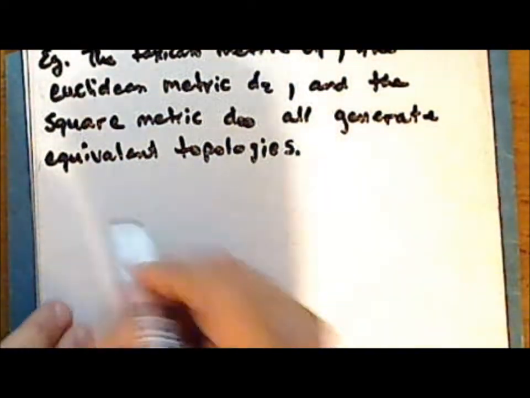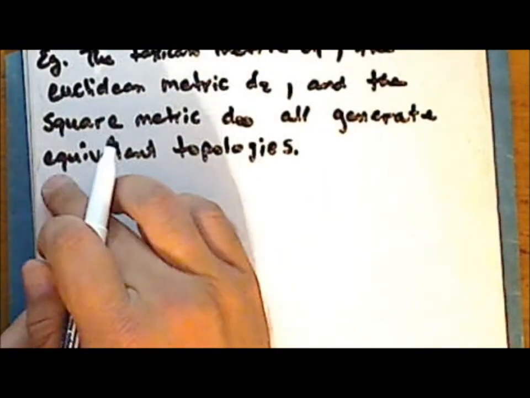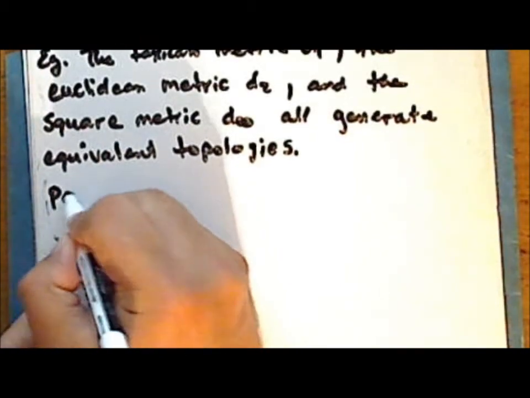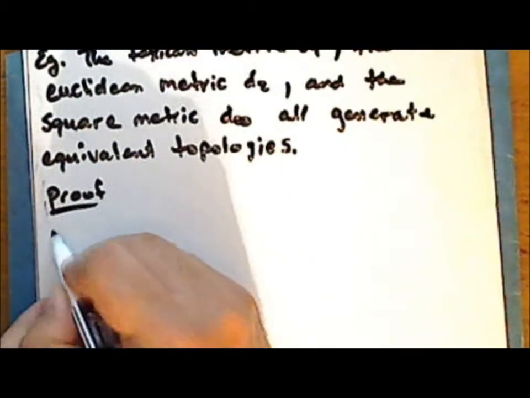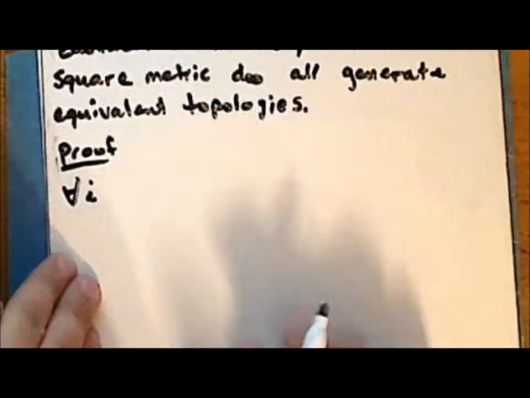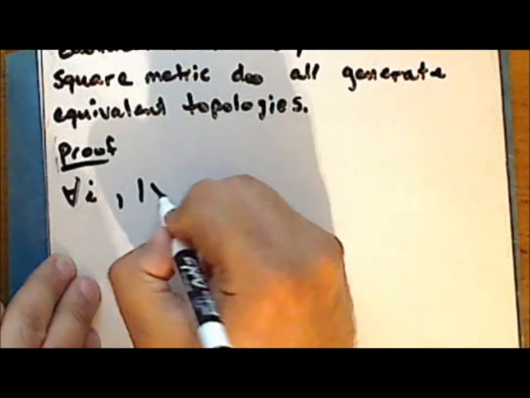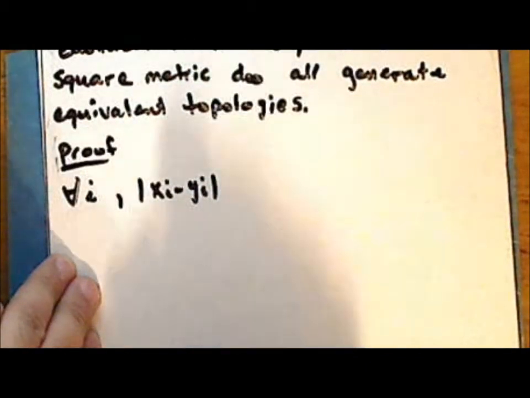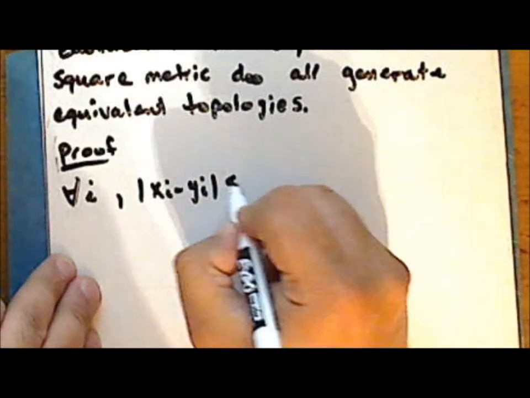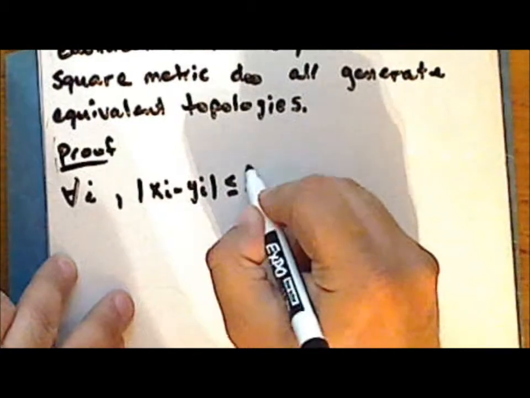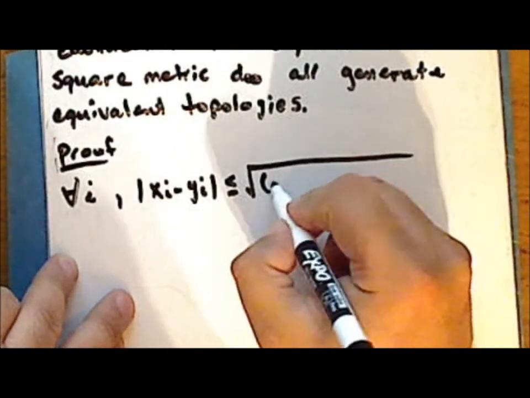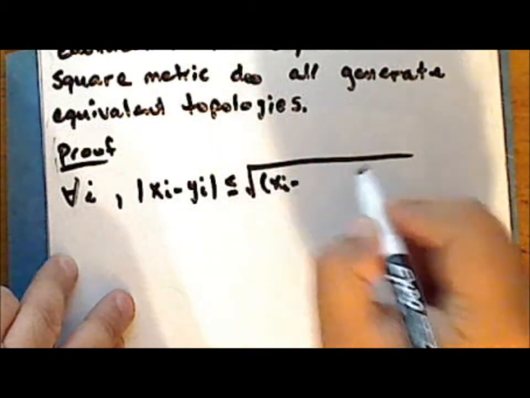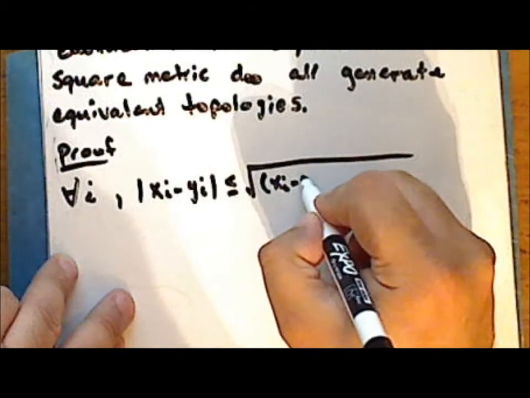So first notice that for every index i, the absolute value of the difference of the components x sub i and y sub i is less than or equal to the square root of the sum of the squared differences.